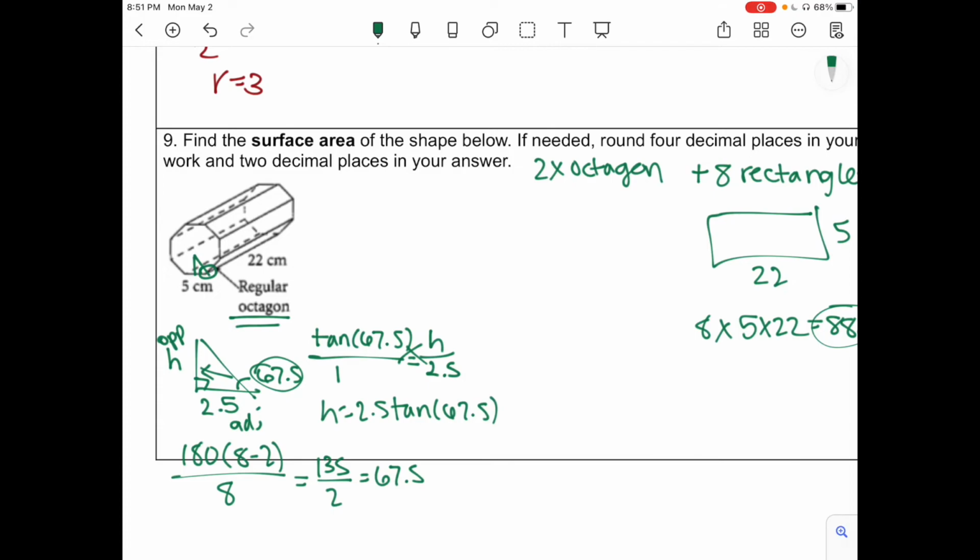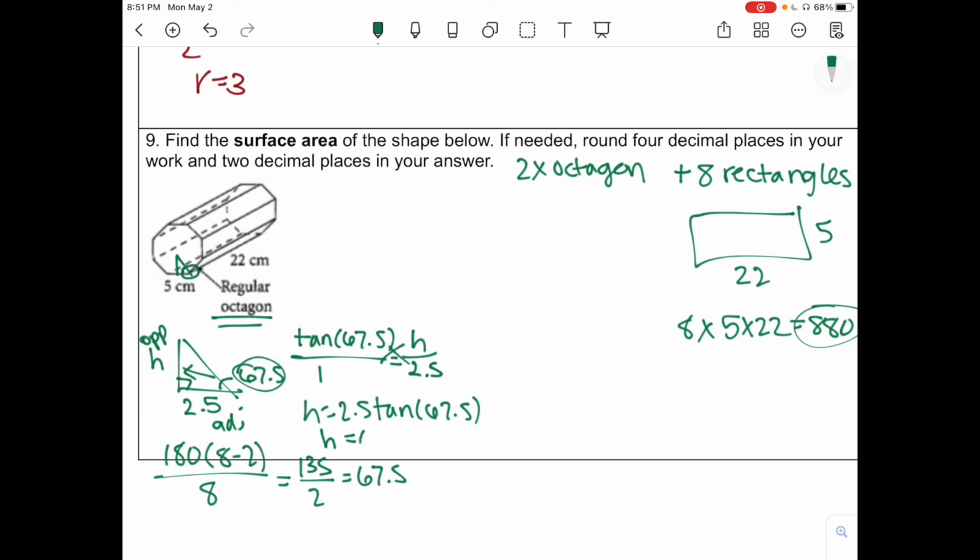And this is where round your work and round your answer comes into play. So 2.5 times tangent of 67.5 is going to be 6.0355. And now we've got all the numbers we need.